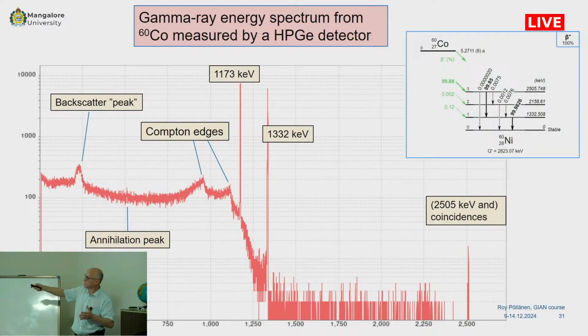So it may happen that both of these photons go to the detector basically at the same time from the point of view of the multi-channel analyzer. So it's a coincidence effect. And this coincidence effect is a very nasty effect, in fact. Some nuclides have strong coincidences, and in the spectrum analysis phase, it may cause a lot of troubles.